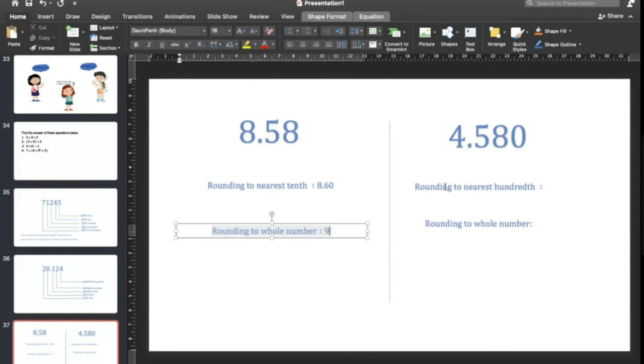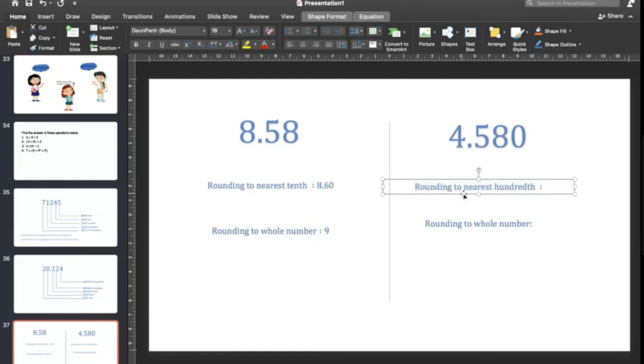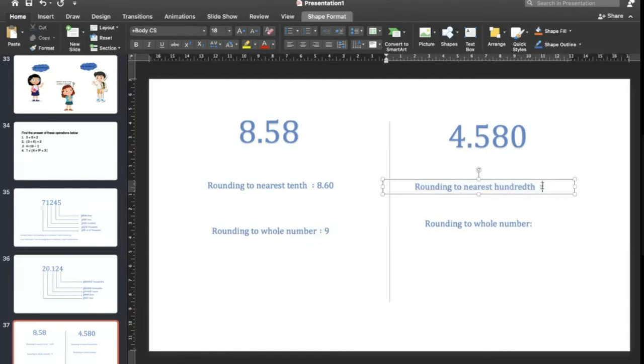9. Thank you. So how about this one, rounding to the nearest 100? What is the answer? The same, 4.58. What is the target digit? Number 8, right?